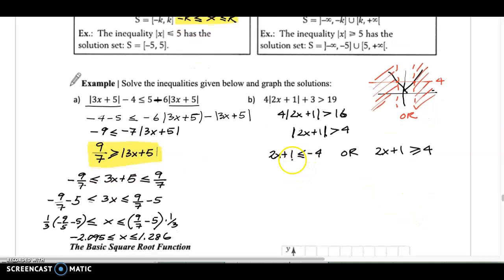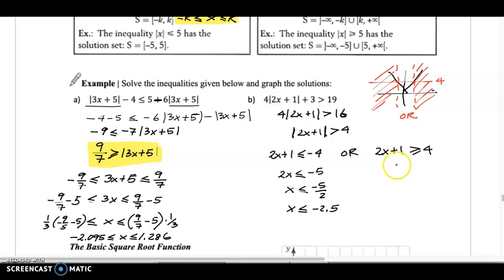Let's see. I'm going to solve for x here. This is going to be 2x less than or equal to, the 1 comes over here, so that's minus 5. Then we have x less than or equal to minus 5 over 2, which is minus 2.5. Hey, didn't we have that?